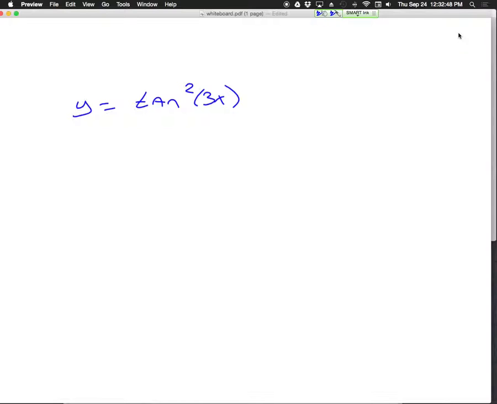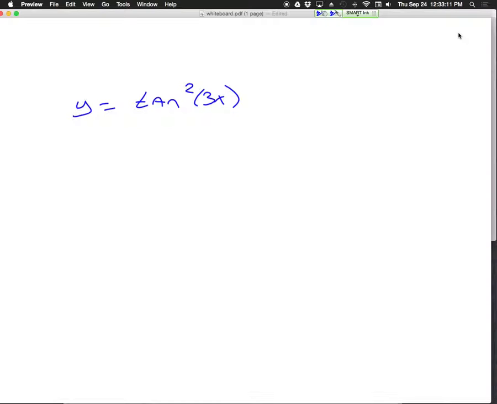And y equals tangent of 3x squared. What do you think on this one? What do we have? A chain rule. Just a chain rule? No product.